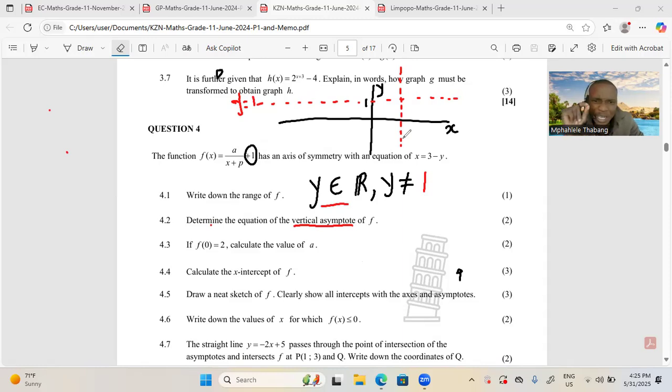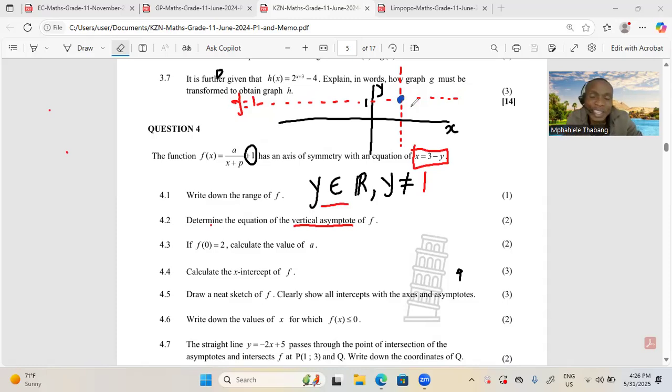One thing that I know is that the axis of symmetry, remember we are given the axis of symmetry here, which is x equals 3 minus y, passes through the intersection of the asymptotes, where the vertical asymptote and the horizontal asymptote meet.